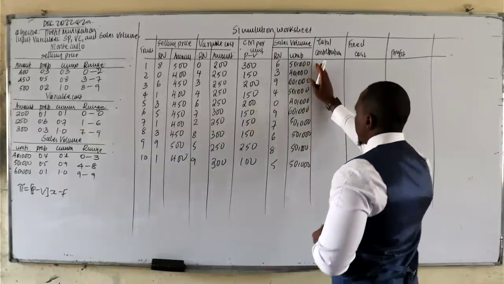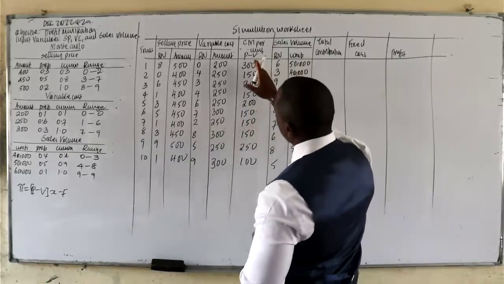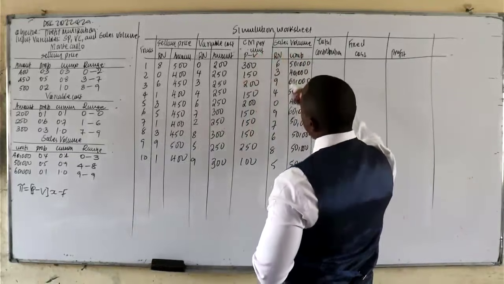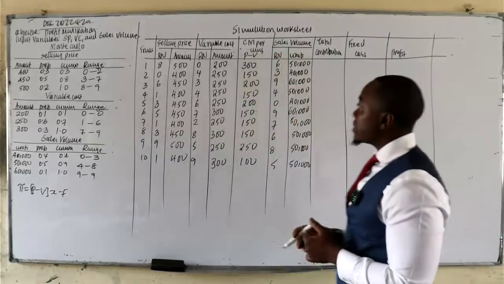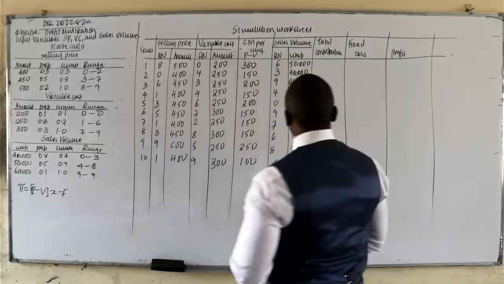To get the total contribution margin, you take the contribution margin, you multiply by the number of units. 300, and we sold 50,000 units. Is that 15 million?